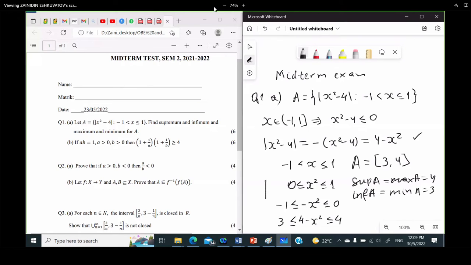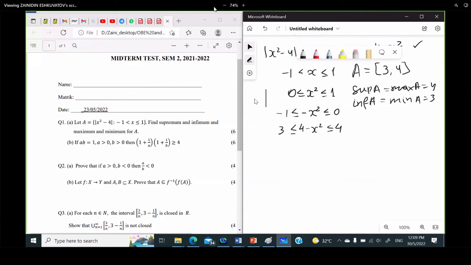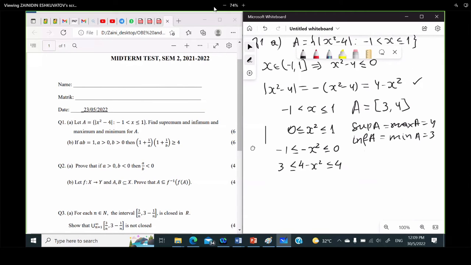Could you understand? Any questions from this? Do you have any questions? No. I hope no questions, right? Very clearly, I have shown that this A actually equal to 3 to 4 interval.